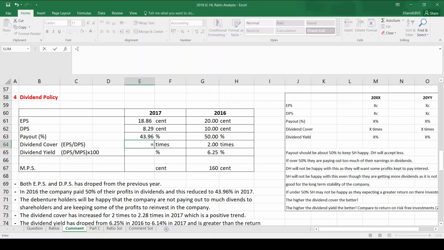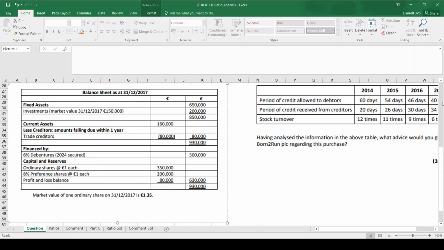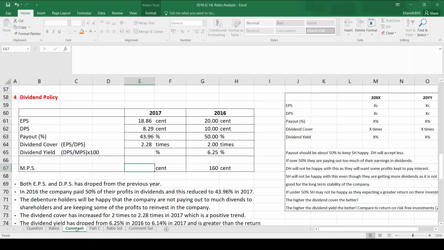Dividend cover is earnings per share divided by dividend per share. And dividend yield, and again, I think we've just worked out in part A, but it should be dividend per share. Before I do that, I'm just going to put in my market price per share. So the market price per share is €1.35, so 135 cents.